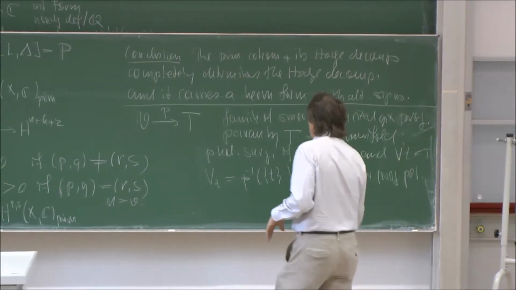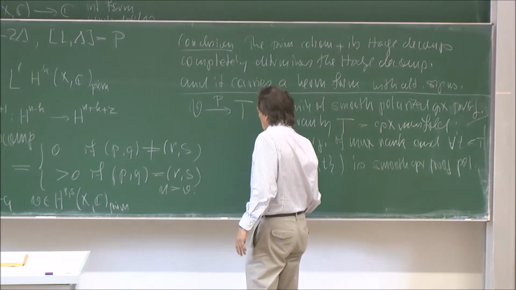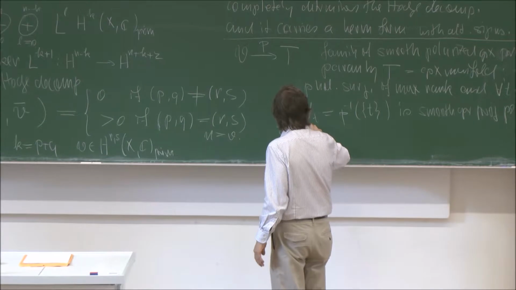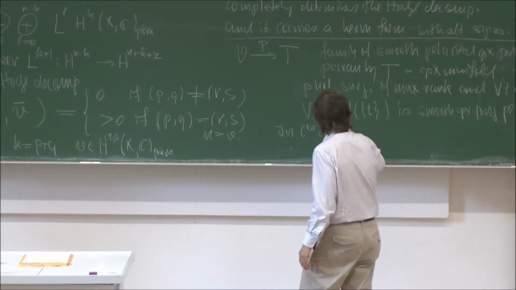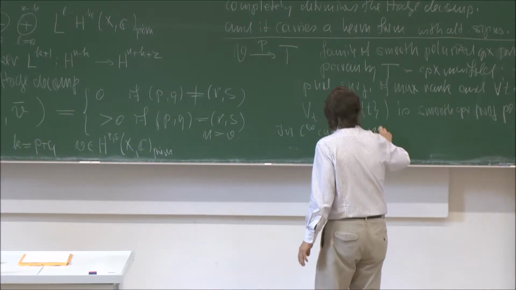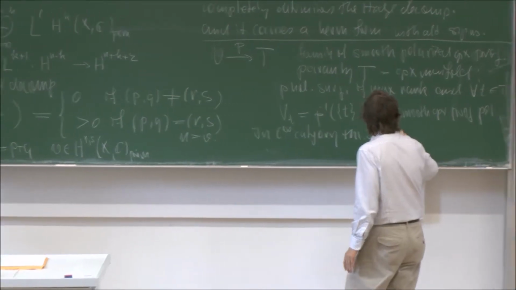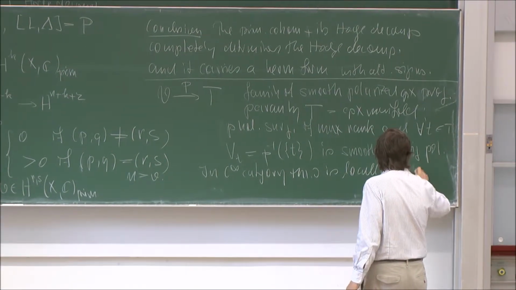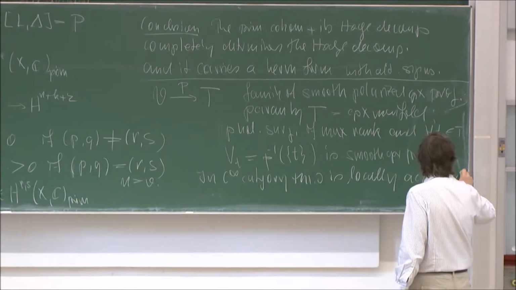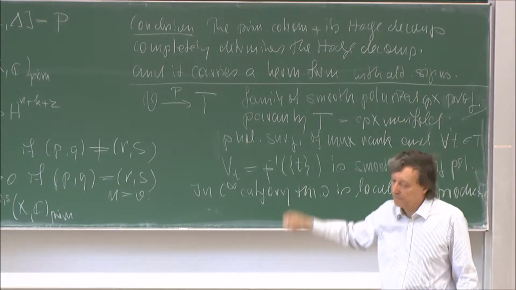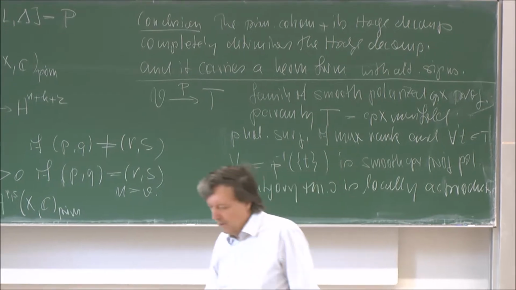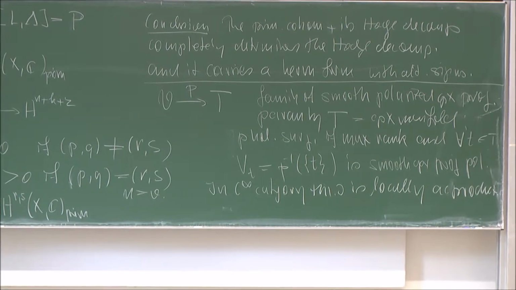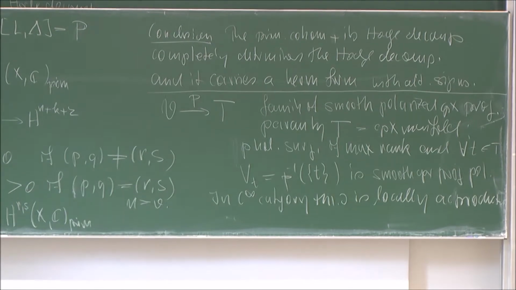Okay, so what do we have here? In the C infinity category, this is locally a product. Now if you have the situation with a smooth surjective map of maximal rank and compact fibers, it is locally a product.